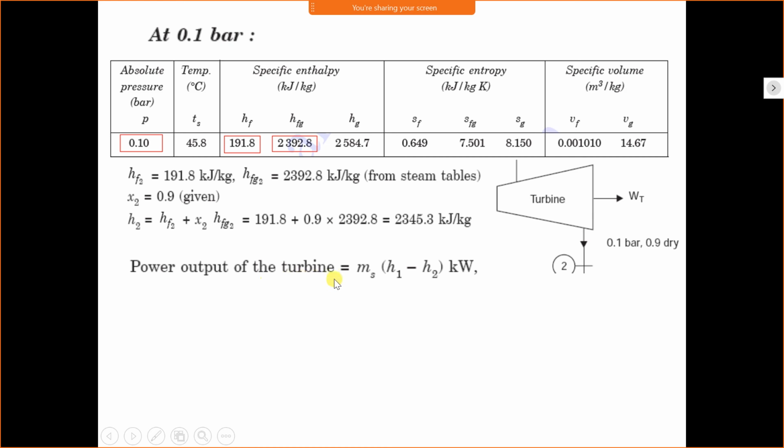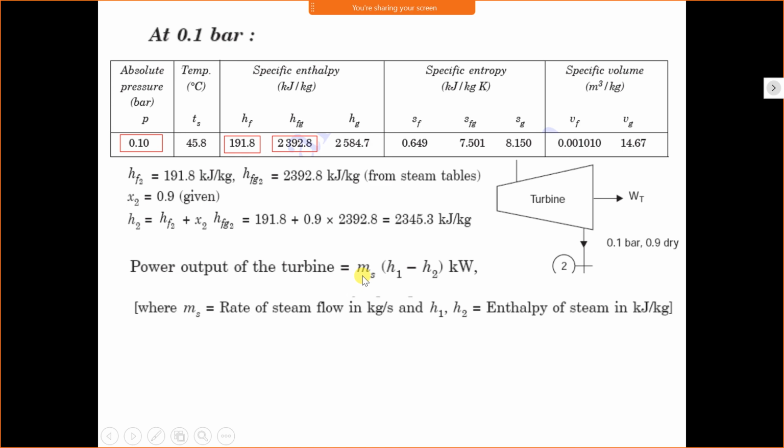Then power output from the turbine. We have seen the formula for work done of the turbine. Work done of the turbine is H1 minus H2. When we multiply work done with the mass flow rate, we get power output. But power output should always be in kilowatt, and mass flow rate is given in kg per hour.